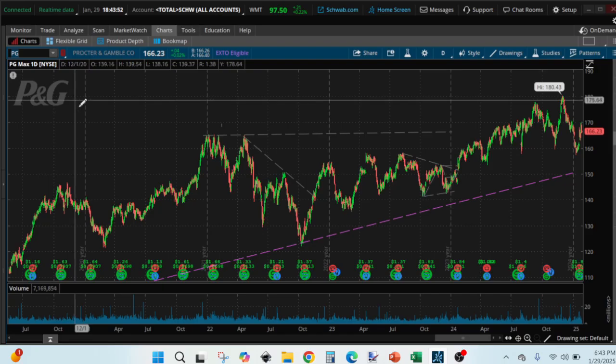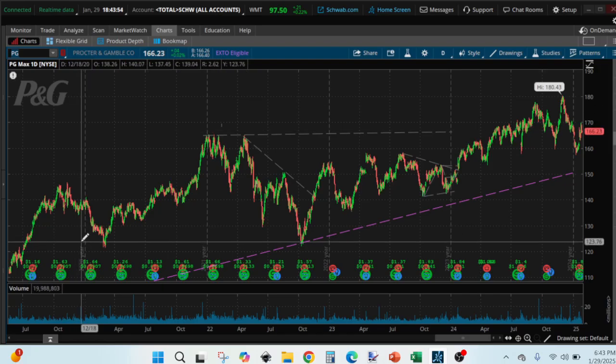So PG, well, when you're analyzing your stocks, you might want to pay attention to the chart. Every single one of them will have kind of unique chart patterns that it will be good to familiarize yourself with, to see if there is a repetitive pattern trait in it.